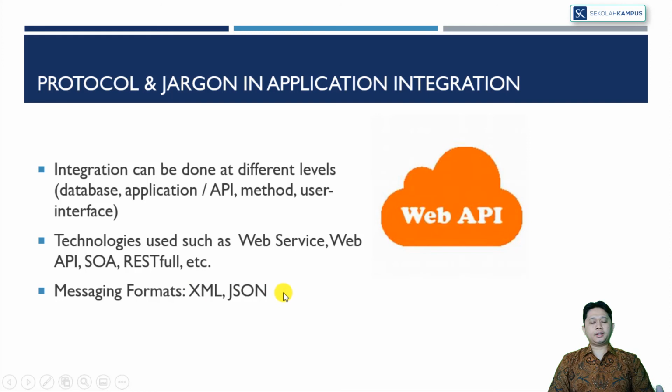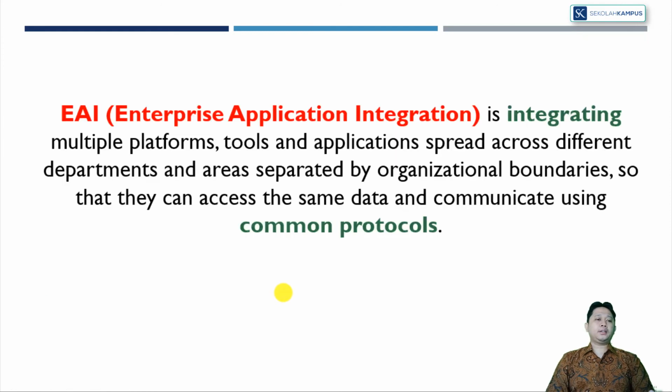In the end, you may know the importance of enterprise application integration. We can summarize that enterprise application integration is integrating multiple platforms, tools, and applications, spread across different departments.